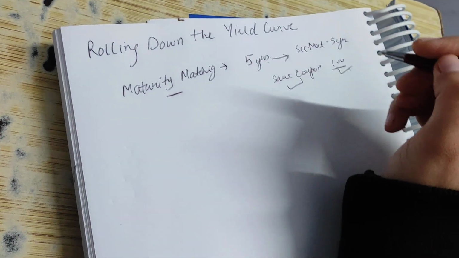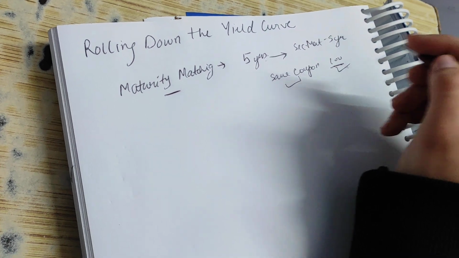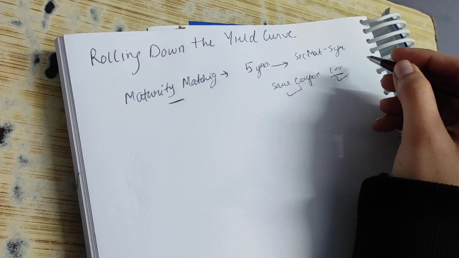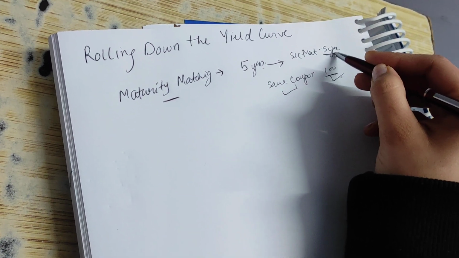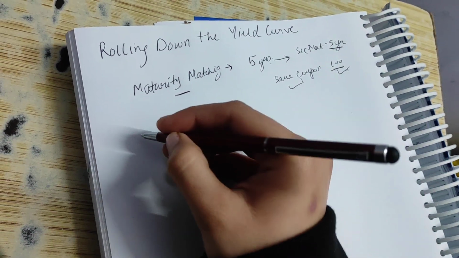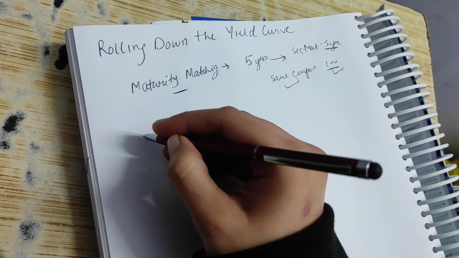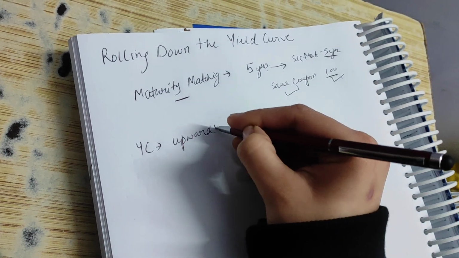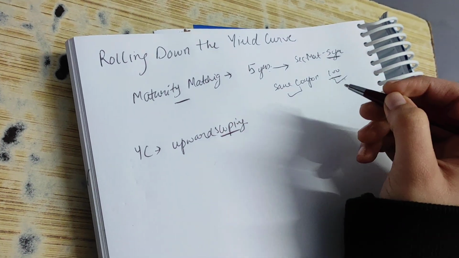But we say the yield curve doesn't go the same way. For example, if you assume that the yield curve will remain the same for the entire 5 years, it will not move, it's a wrong assumption, because in the real world the yield curve is generally upward sloping, which doesn't mean that you cannot earn.